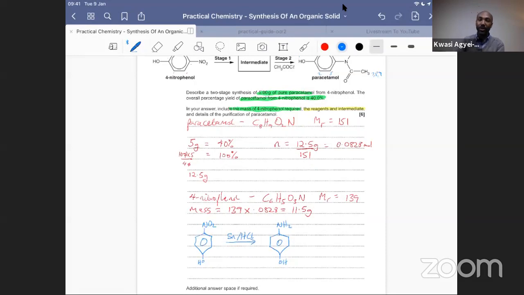Now, the details of the purification of paracetamol. We would need to recrystallize paracetamol. We need to go into a bit more detail; we can't just say recrystallization and leave it at that. So we would need to dissolve paracetamol in a minimum volume of hot solvent.